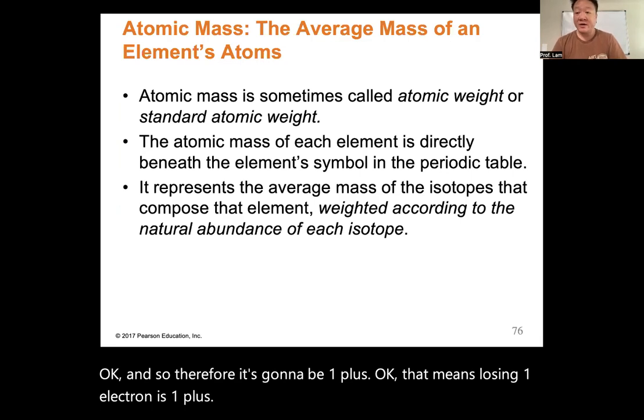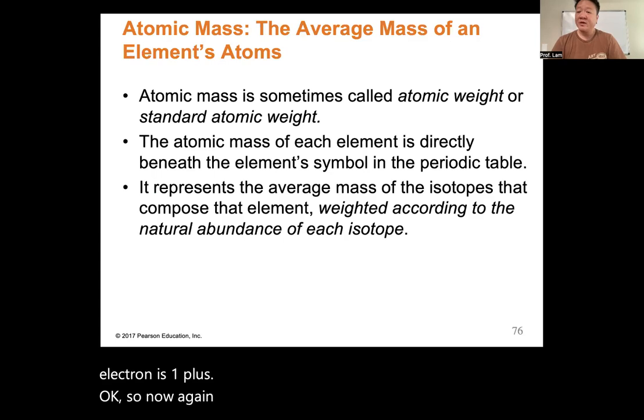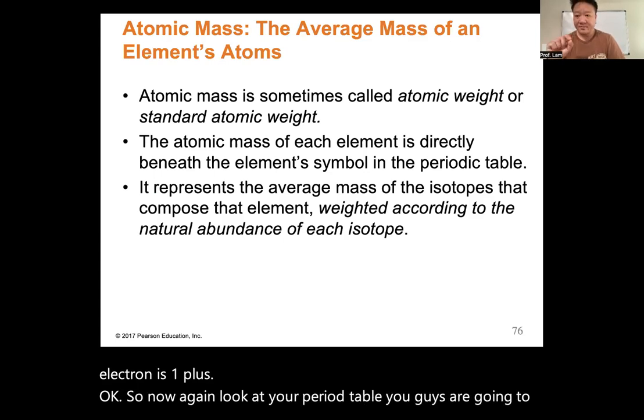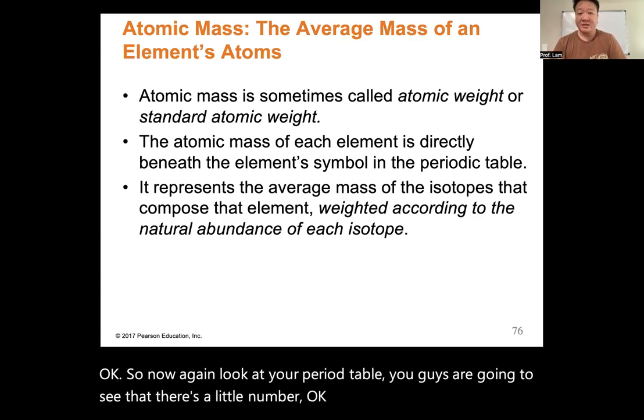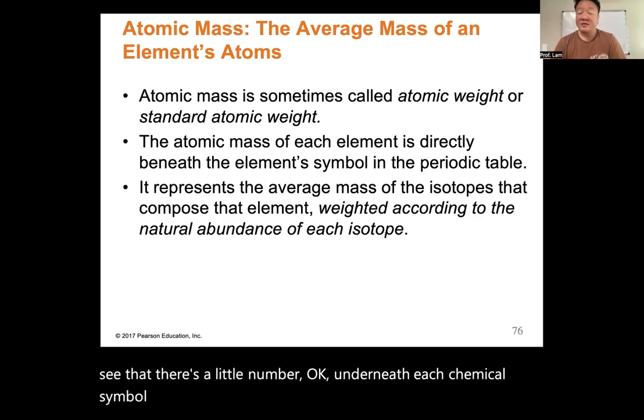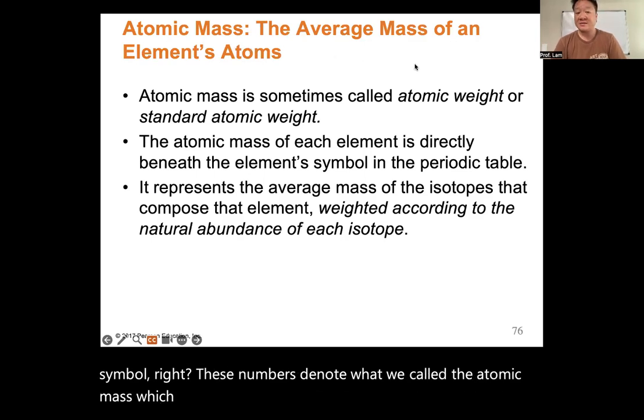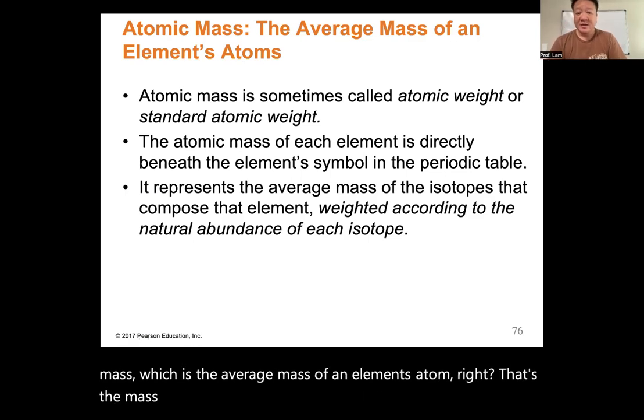Now, again, look at your periodic table. You guys are going to see that there's a little number underneath each chemical symbol, right? These numbers denote what we call the atomic mass, which is the average mass of an element's atom. That's the mass of one atom in AMU, which remember is atomic mass unit.